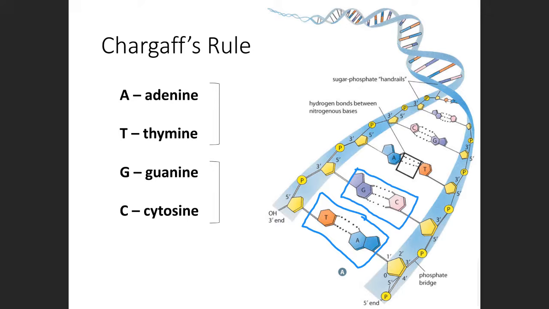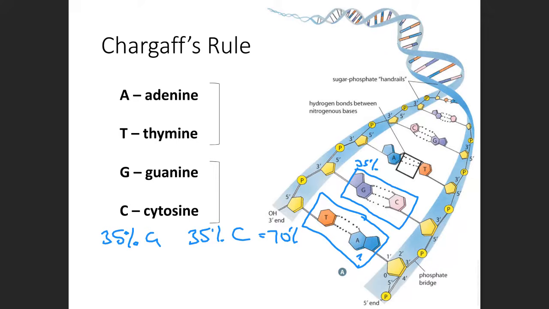So for example, if we've got a piece of DNA and 35% of the DNA is guanine, what percent is adenine? These are very common questions because a lot of people either can do these really easily or really have a problem with these. If you have 35% guanine, that means you also have 35% cytosine, which is 70% altogether.